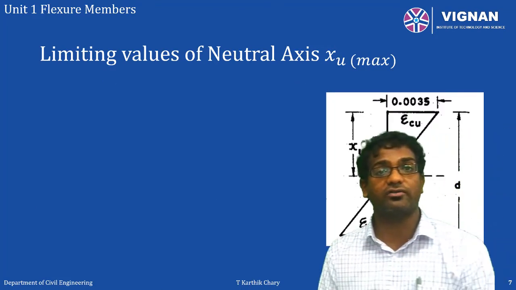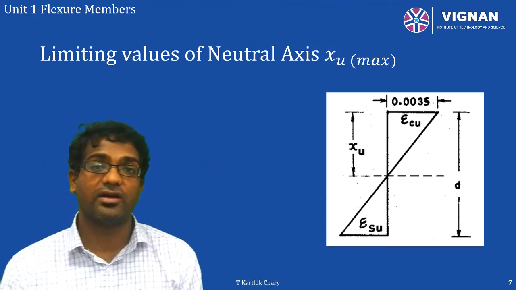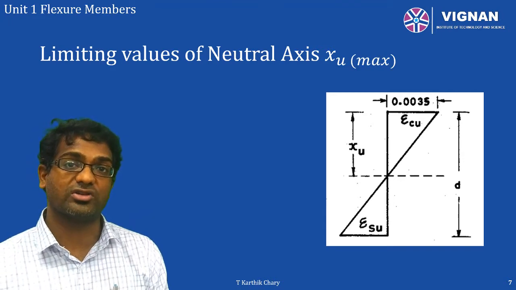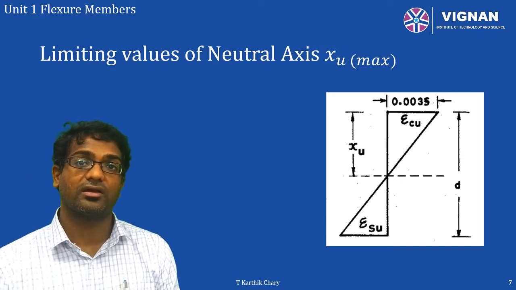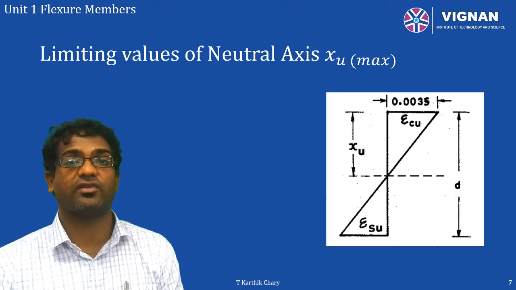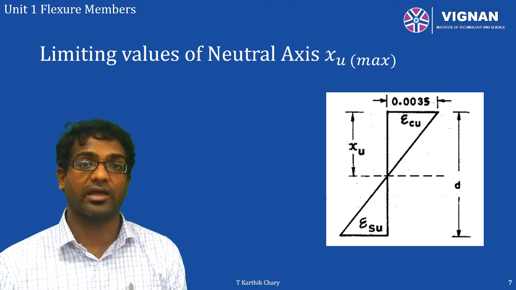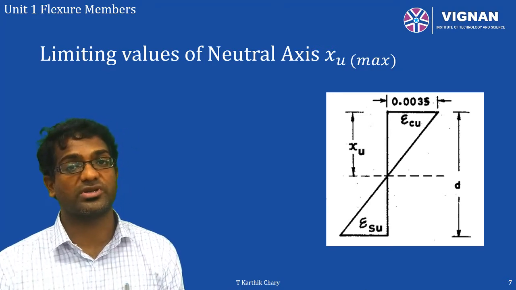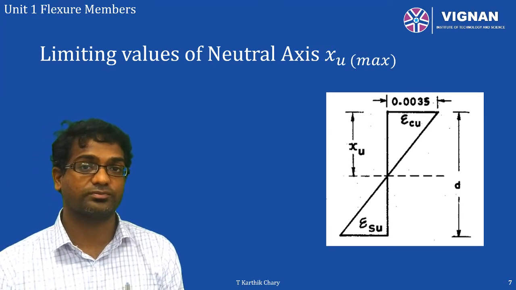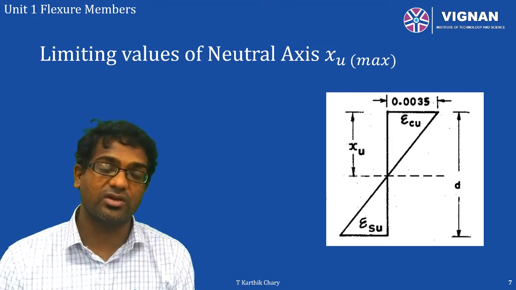Now if we take a look at the strain diagram which I have shown here, you have the ultimate strain in the concrete as 0.0035 and the ultimate strain in the steel, as we just discussed, as 0.87 fy by Es plus 0.2%. So what does this mean? This means that you can correlate the strain values.